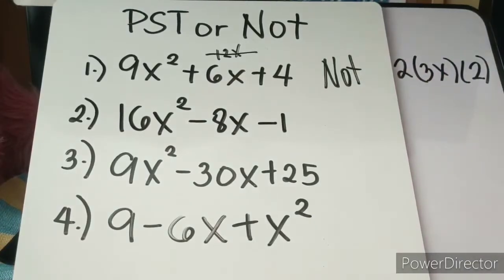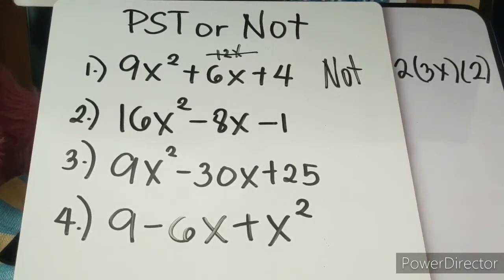Okay, let's proceed to the second example. First term is a perfect square. 16x squared is 4x times 4x. And then, yung last term naman, 1 yun. 1 times 1 is 1. Kaya lang, perfect square kasi yun, wala pong perfect square na negative.